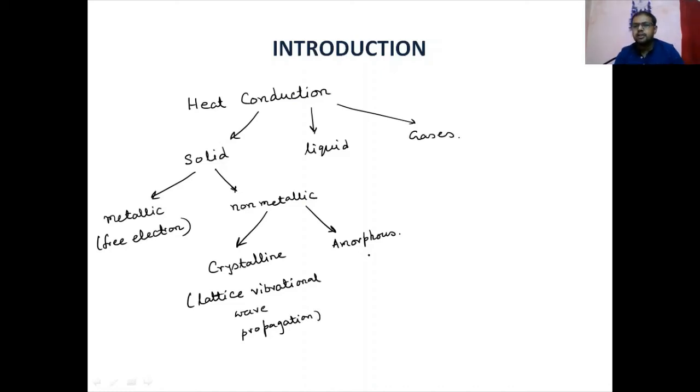Amorphous also has lattice vibrational wave propagation, but there are voids between molecules, so it is less. So for non-metallic, it is due to lattice vibrational wave propagation. For crystalline, it is advantageous because the array is well set up.